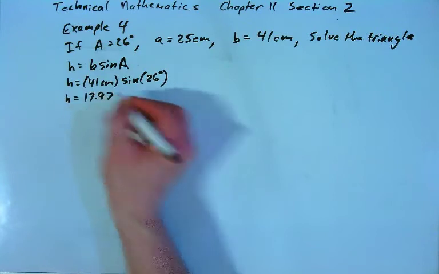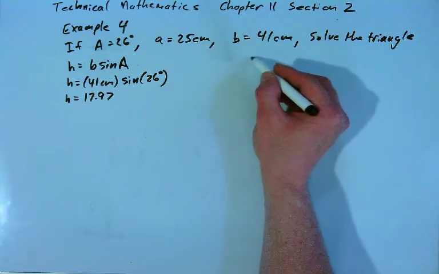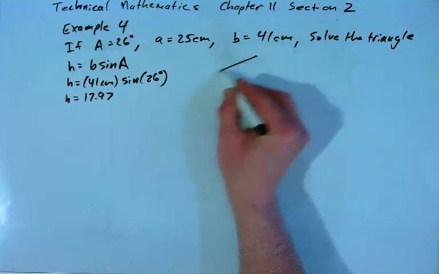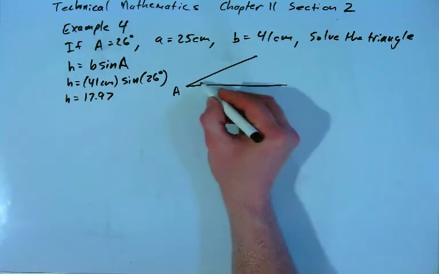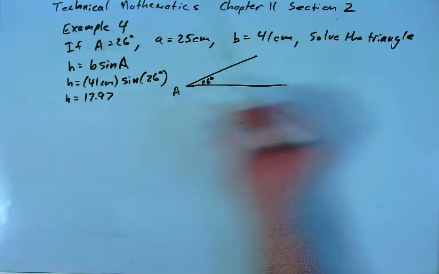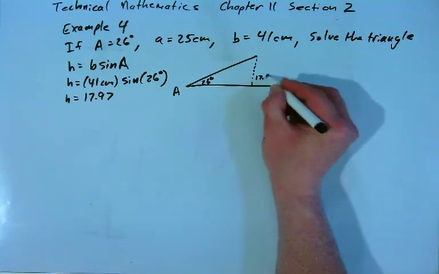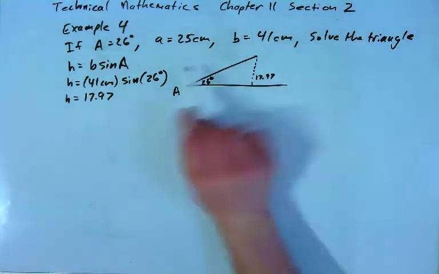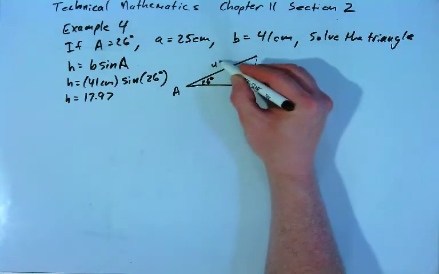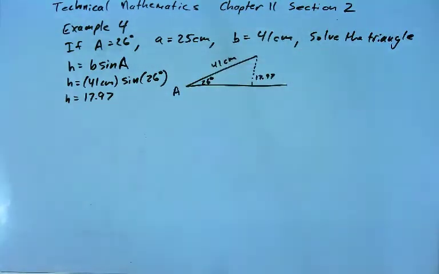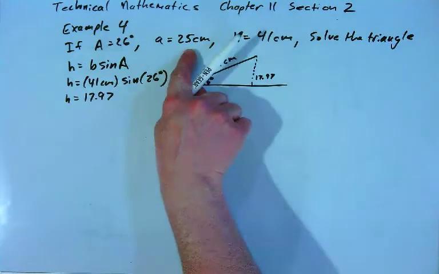H is 17.97. And so if we sketch out the triangle, or at least as much of the triangle as we know about so far, we will see that angle A is 26 degrees, so it's a fairly small angle. The height of the triangle is 17.97, and they tell us that side B, which is this side, is 41 centimeters, and that side A is 25 centimeters.